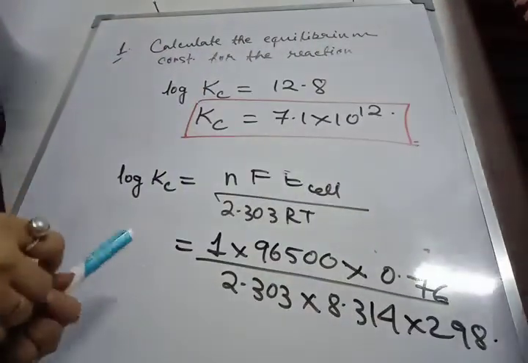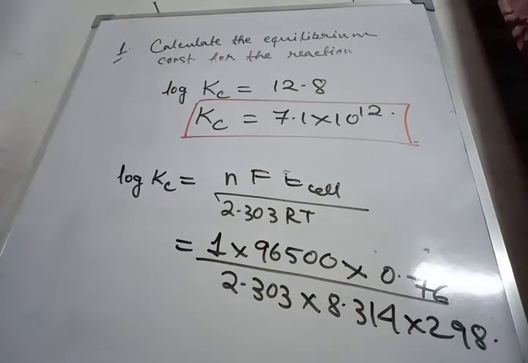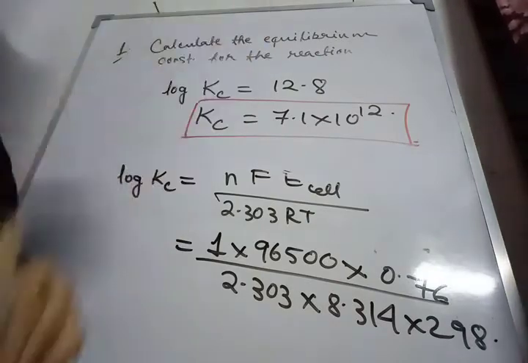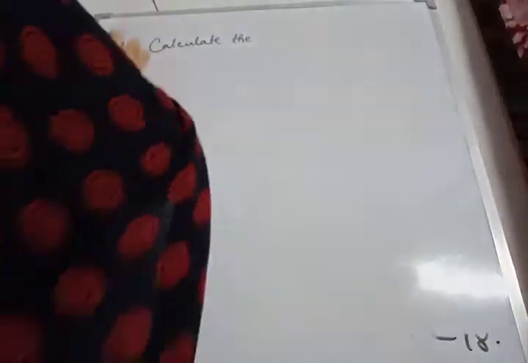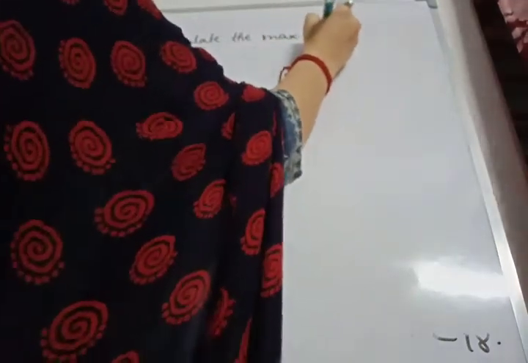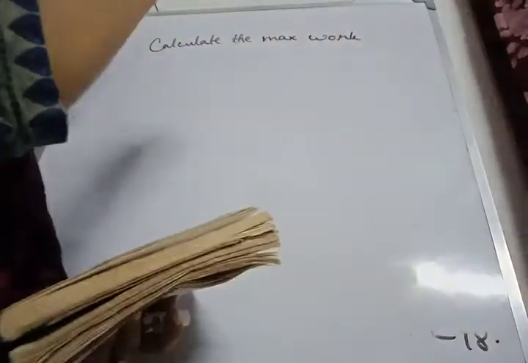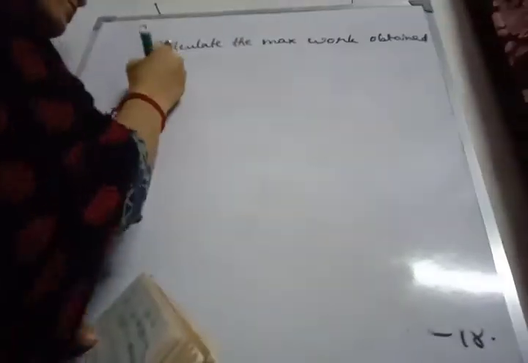Right? Next sum. Sum number 2. Calculate the maximum work obtained from the cell.